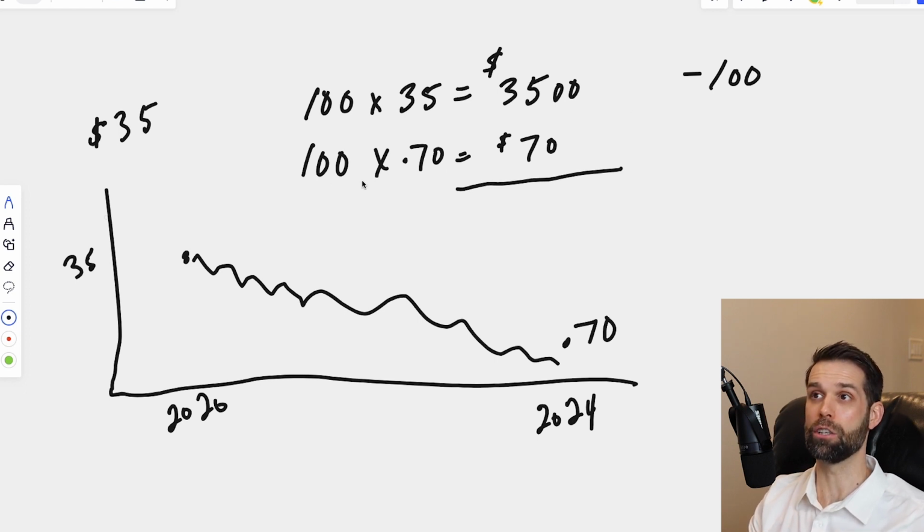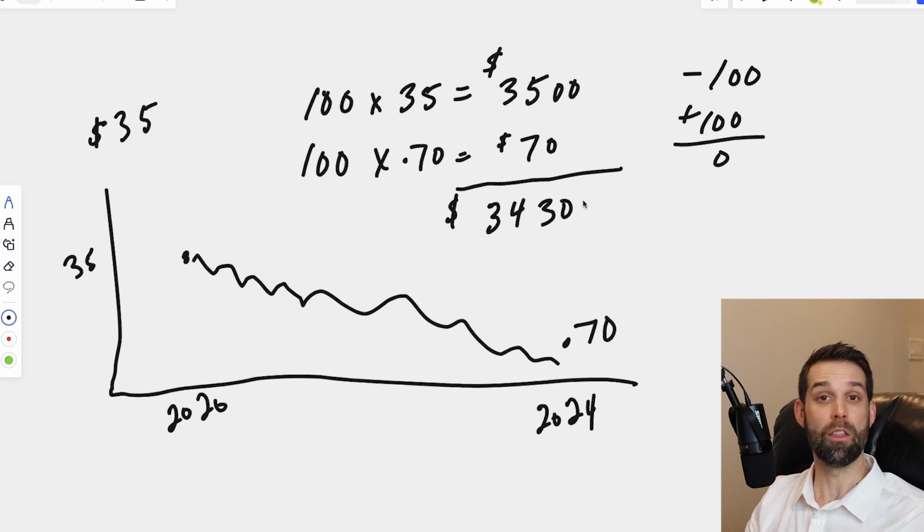So we buy the 100 shares back now at only 70 cents. And you can see that we have basically profited $3,430. And we have basically bought back the 100 shares. So we don't have any short position of stock, and we're up $3,430 in our account.